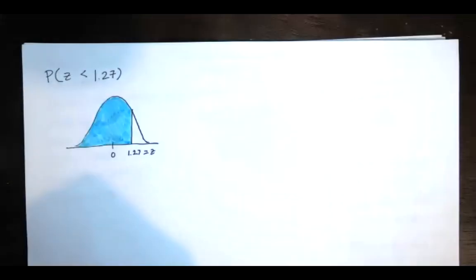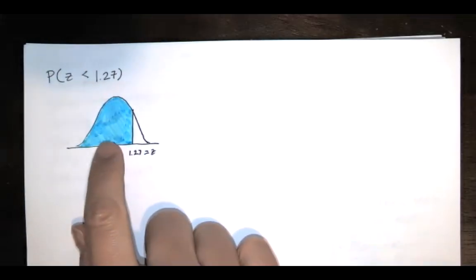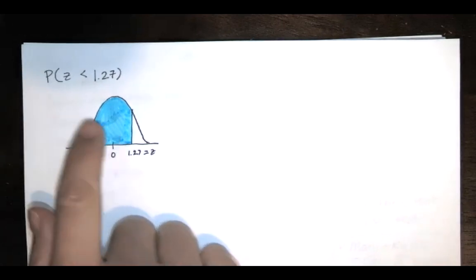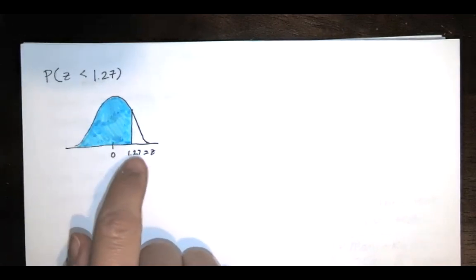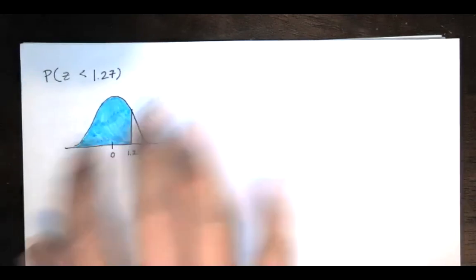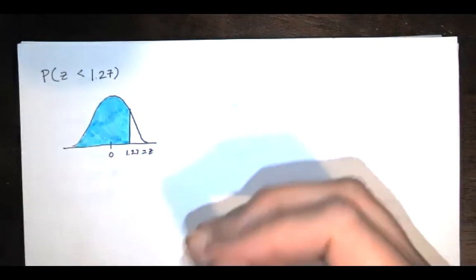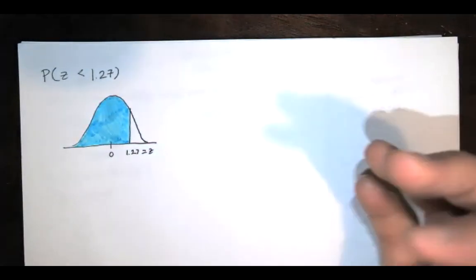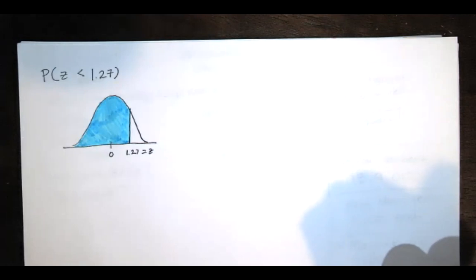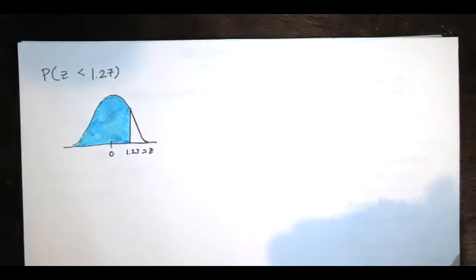That's the question. What is that area? Because the area to the left of z equals 1.27 is the probability that z is less than 1.27. And the probability that z is less than 1.27 is going to indicate the percentage or the chance that a randomly selected adult has a bone density test score that is less than this 1.27.